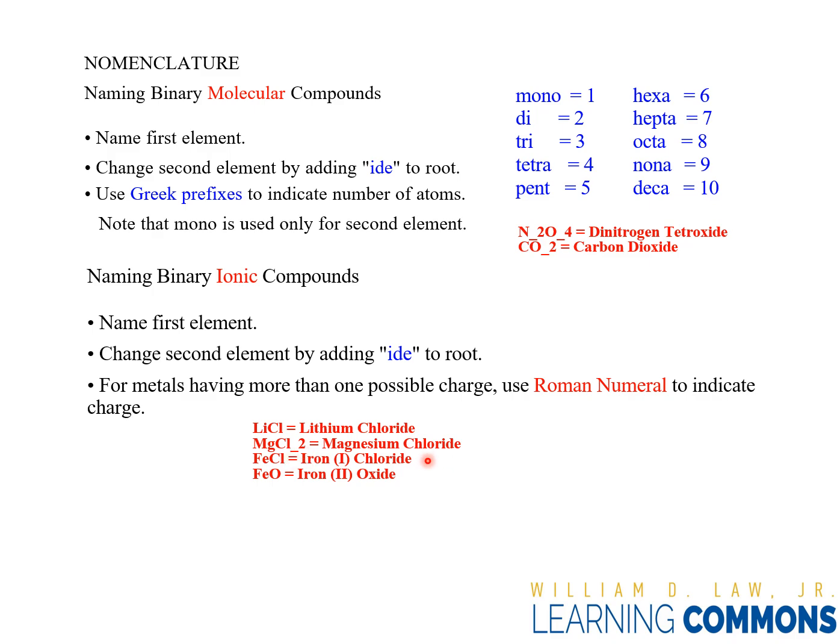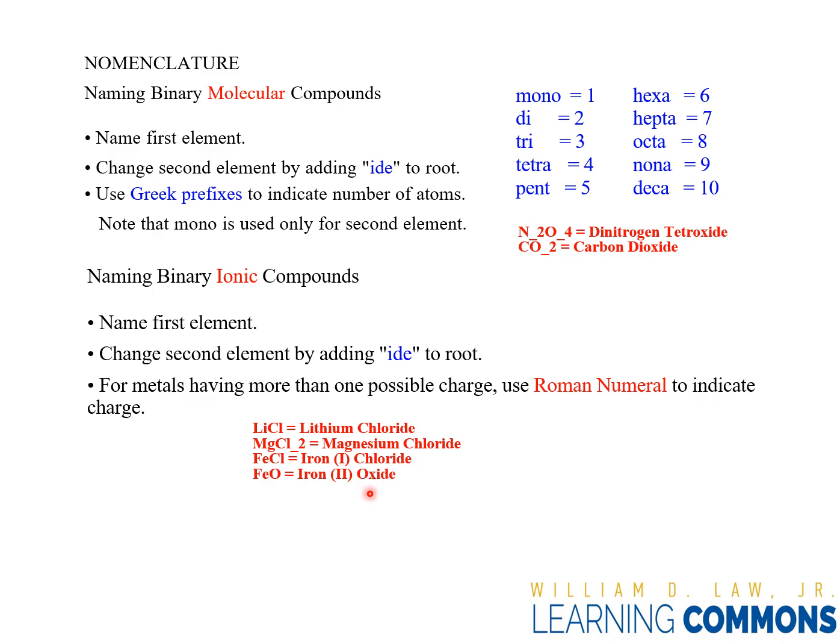chloride. And for this one, the iron chloride, you see the iron number, the number one Roman numeral, and the chloride. And iron oxide: the oxidation of the iron and the oxygen is like iron 2, then oxide.